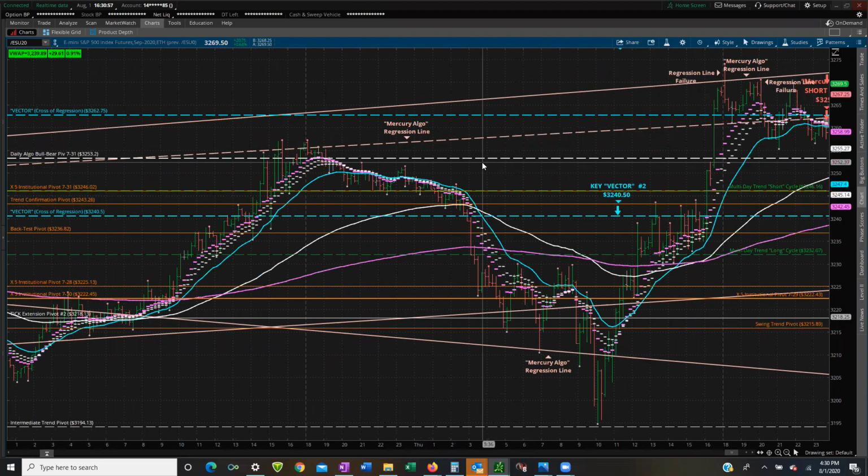Now, these algo regression lines that we have are one of the coolest things that we've ever done. Because these things go back months. People tend to go back and look at price levels and then draw horizontal lines as support and resistance.